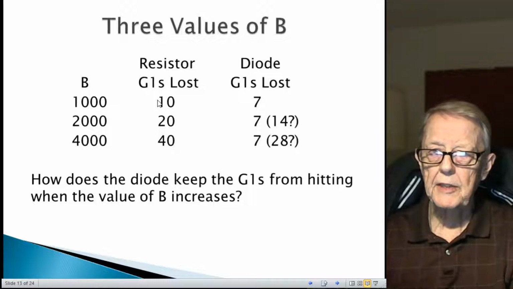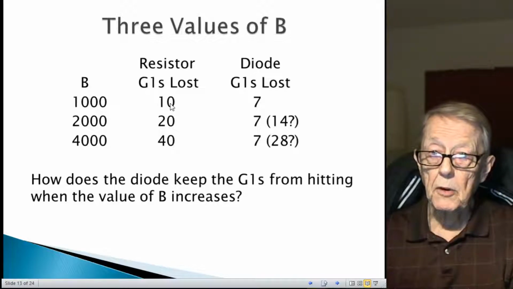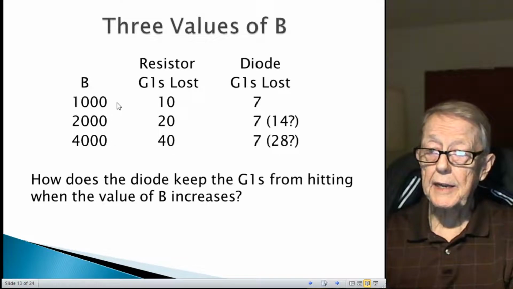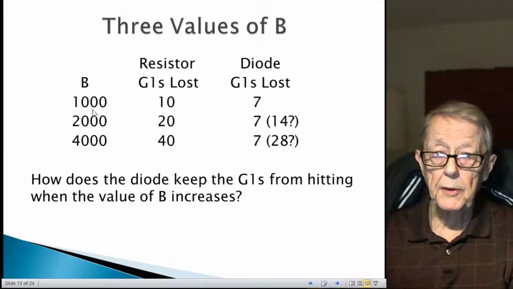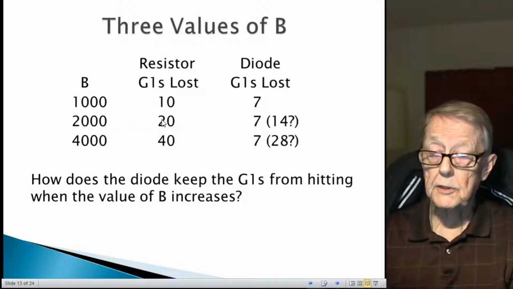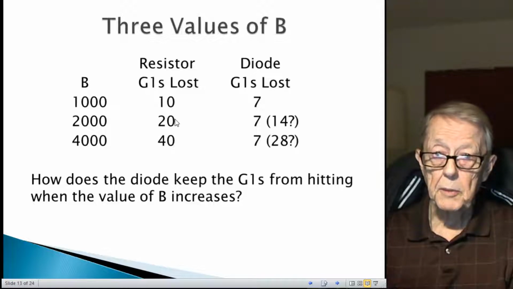I'm just giving an example that, let's say, the number lost by going through the resistor is 10. Well, when I decrease the 9K to 4.5K, I double the number. I now have 2,000 G1s entering the resistor, and you would expect, because it's a straight line curve, to lose 20.